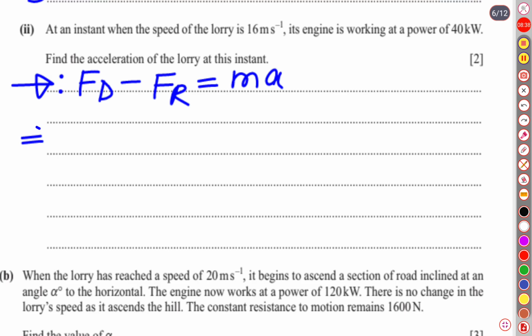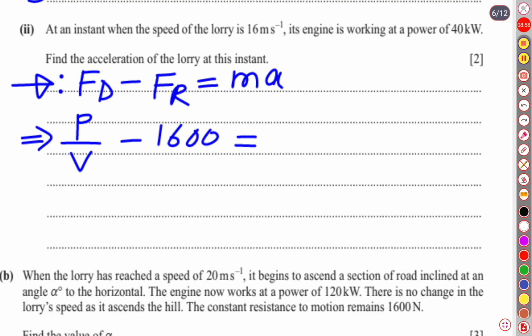So what is the driving force? Driving force is P over V, power over velocity, minus resistance to motion, which is also constant. We have already used it, 1600. 1600 is equal to mass into acceleration.